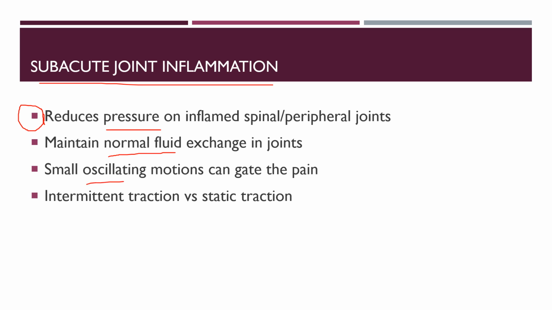So again, we can use small oscillating motions to gate the pain on those mechanoreceptors. And the only time that you're really going to see static traction being used, where you're not setting an on cycle and an off cycle, is if somebody is there for the very first time and they've never received traction before. That's the one time, at least for our purposes, that we're going to use static traction. And we'll look at all the parameters here in just a few minutes.